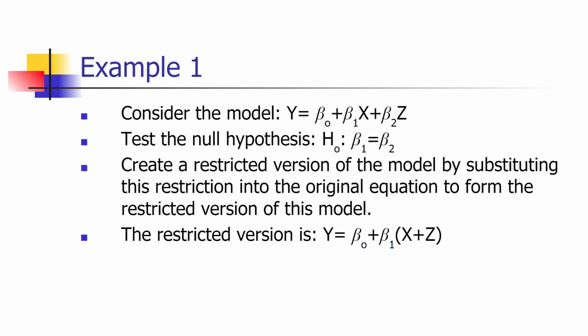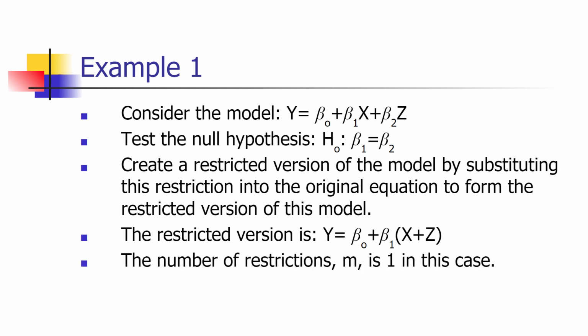The way you would estimate this in any econometrics package is you would simply create a new variable that's equal to the sum of x plus z, and you'd run a bivariate regression in this case of y on this newly created variable and the constant term. The number of restrictions in this case is just 1 because we're only imposing that one linear restriction that those two parameters are equal to each other.